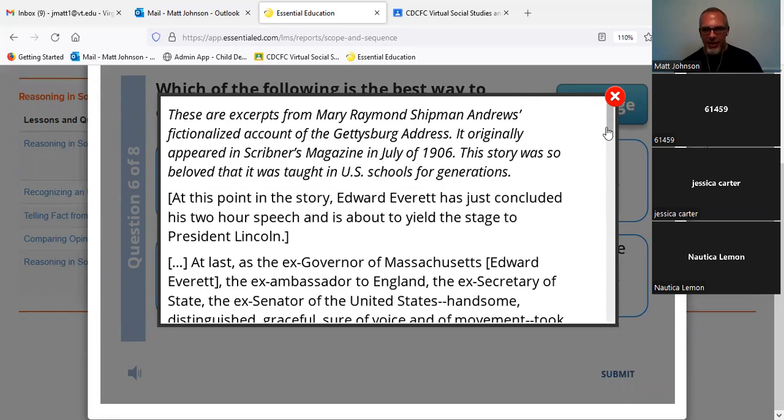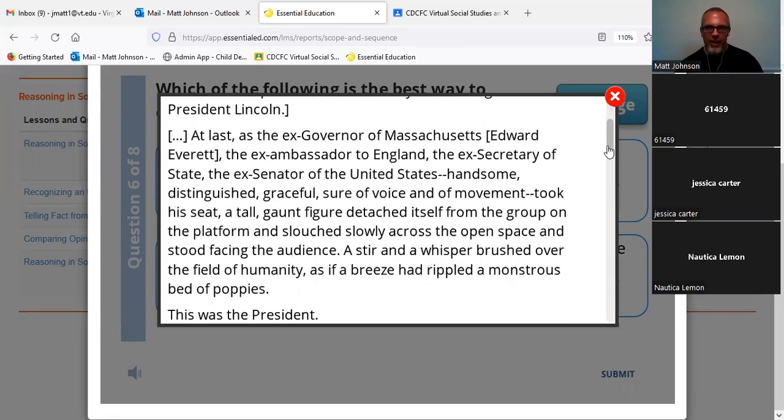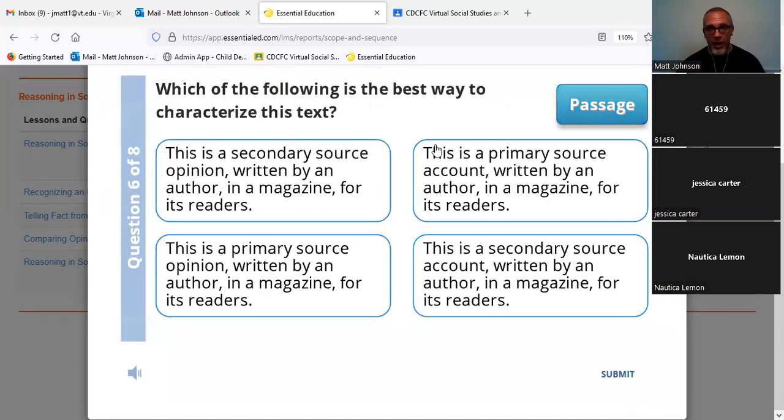written in 1906. So right away, we understand that's going to be a secondary source. It did not happen anywhere close to 1863. So it's a secondary source with an opinion written by an author for a magazine for readers. So secondary source, opinion, written by an author in a magazine for its readers.